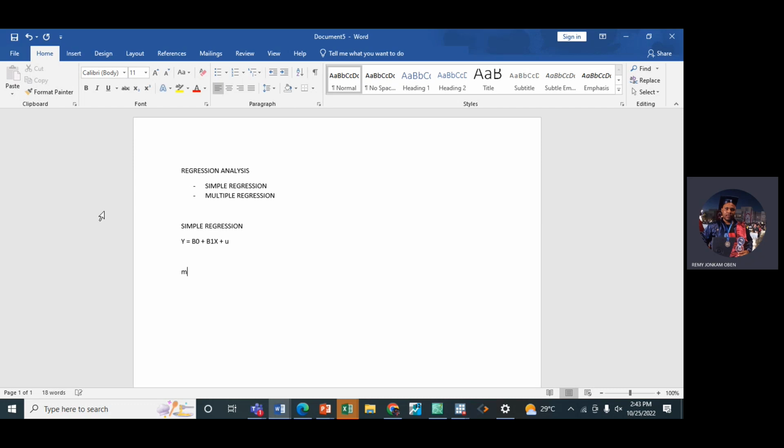While with multiple regression, the econometric model can be y equals beta 0 plus beta 1 x plus beta 2 z plus the error term.